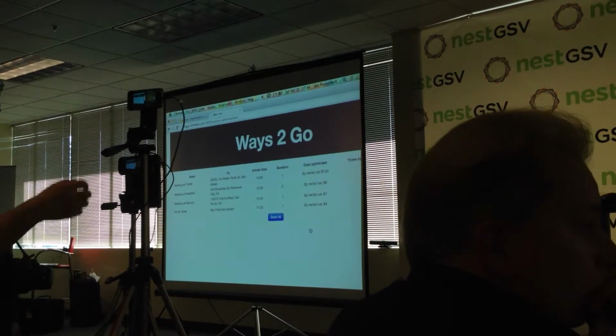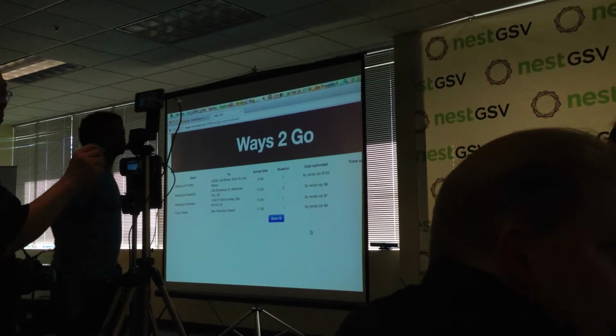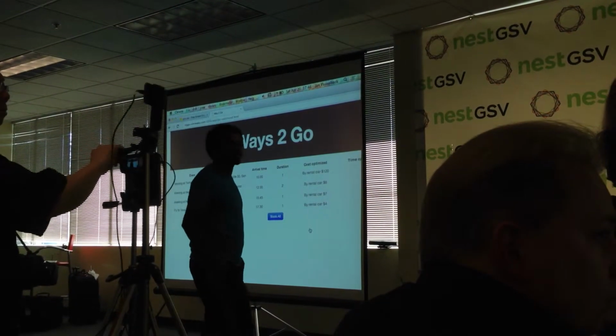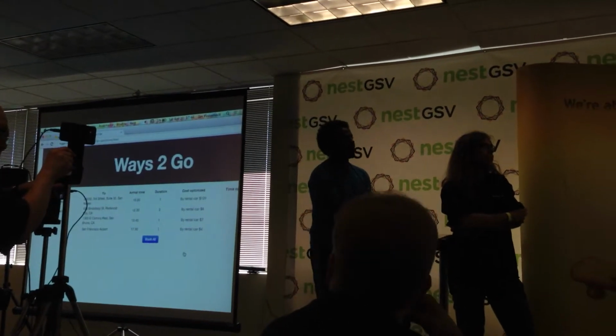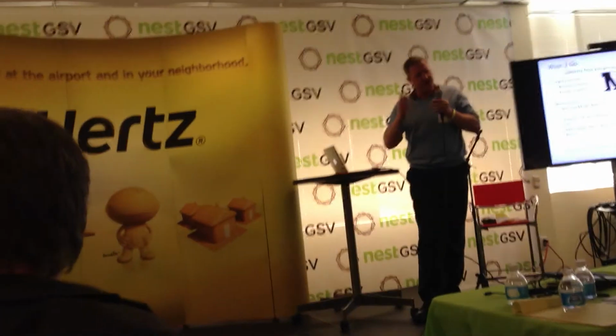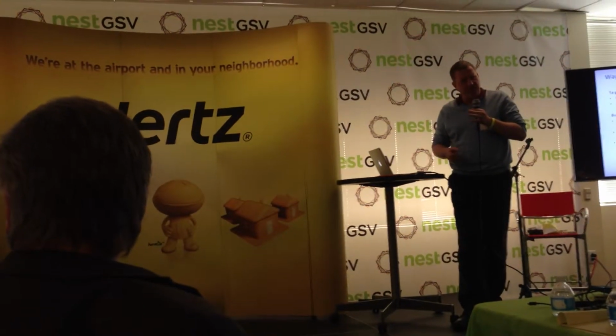What kind of algorithms are you using to optimize? It's a pretty complex algorithm already in the way that we are measuring times and cost for travel.